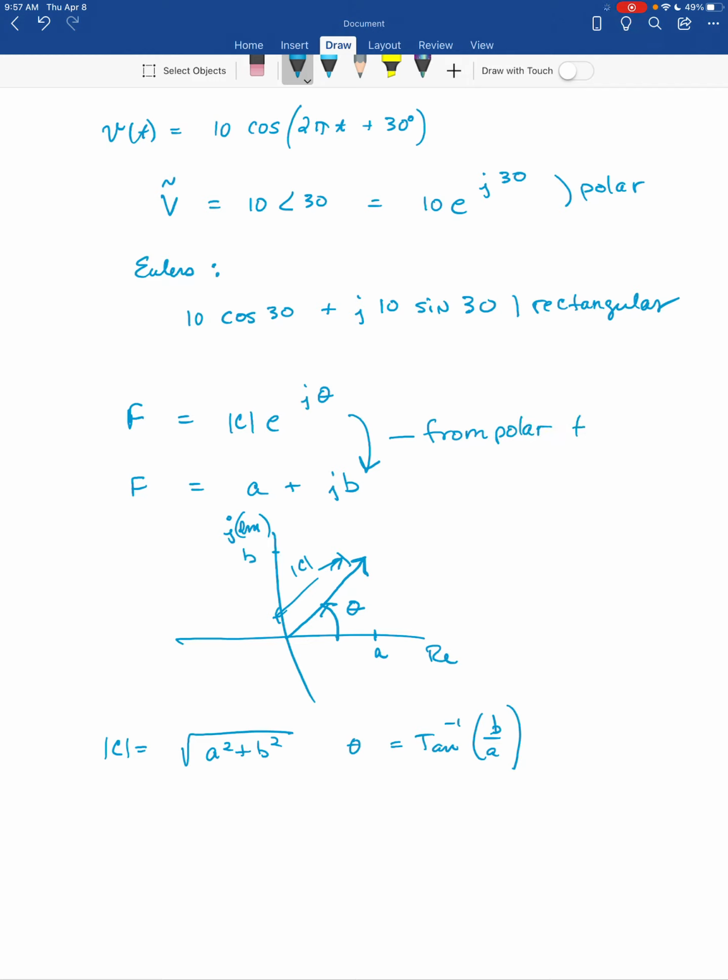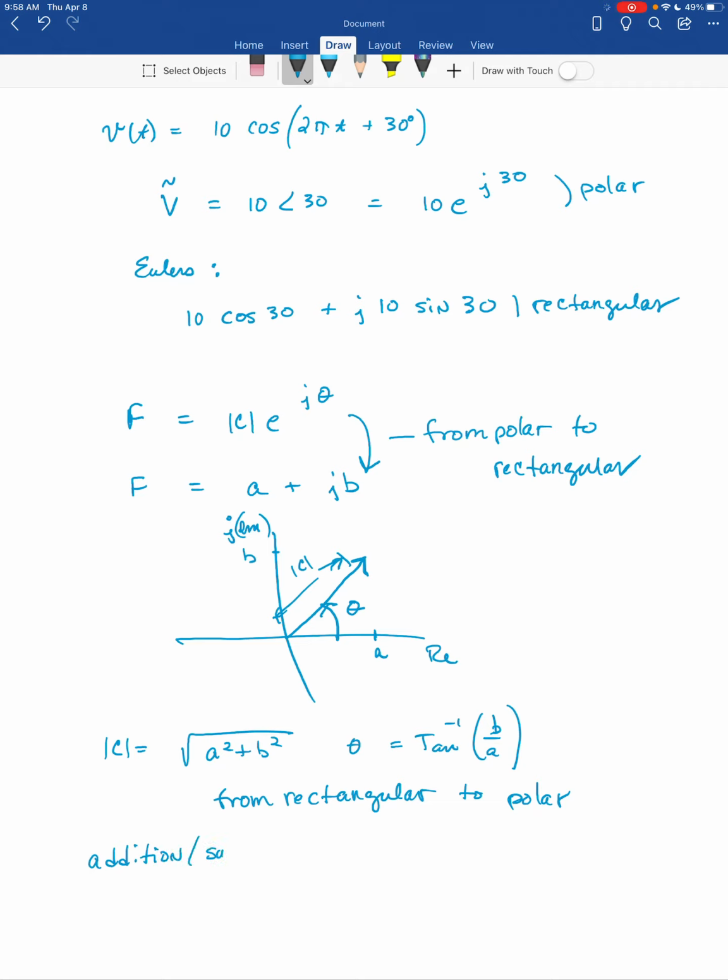So this is from polar to rectangular. This is from rectangular to polar.